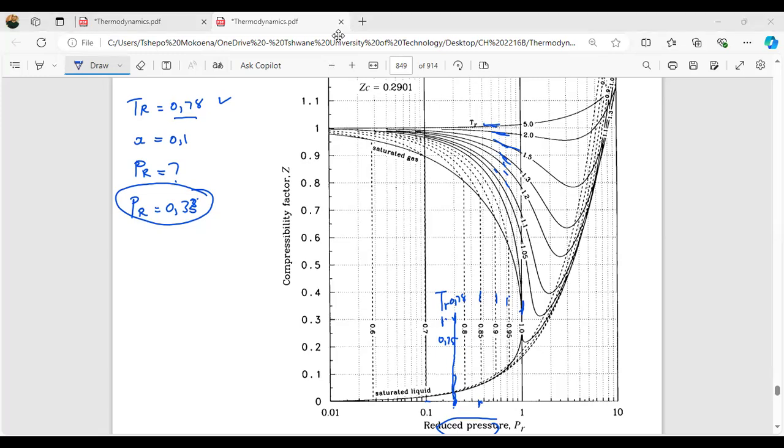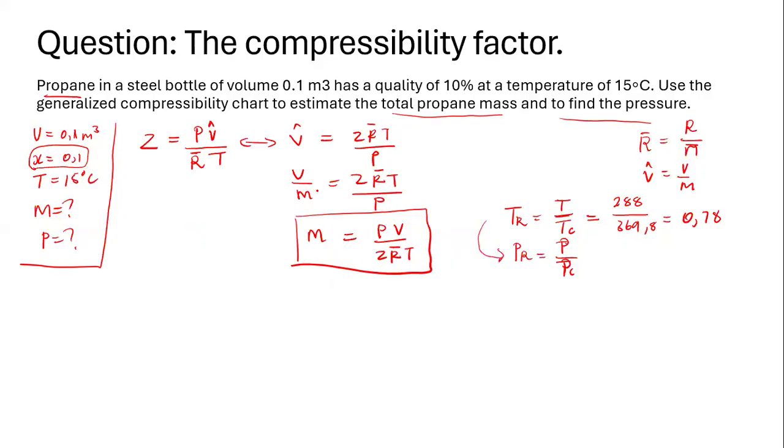So now we got our PR to be 0.33, right? This is our PR. So using this equation, we can calculate our pressure and solve this question over here. Make the pressure the subject of the formula, and then we cross multiply P reduced multiplied by P critical.